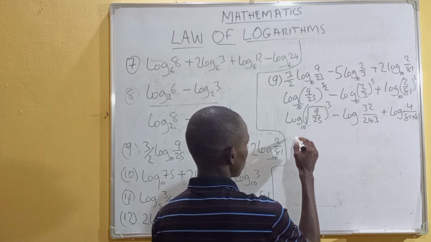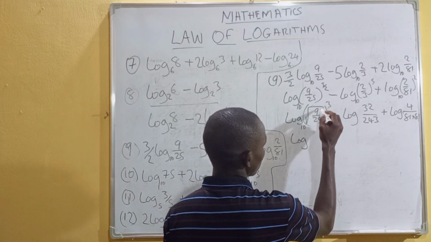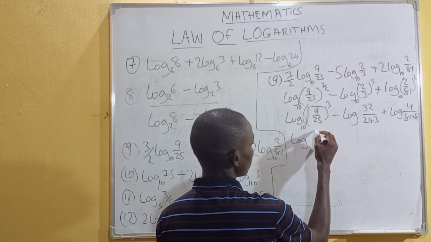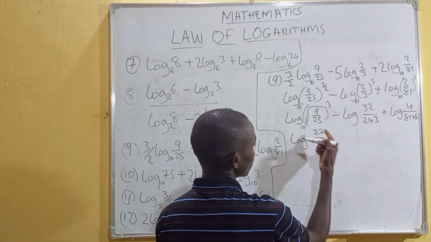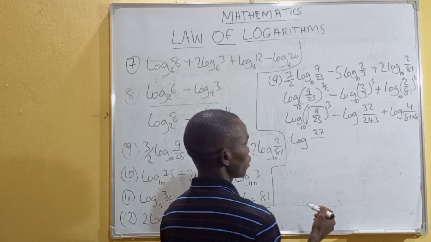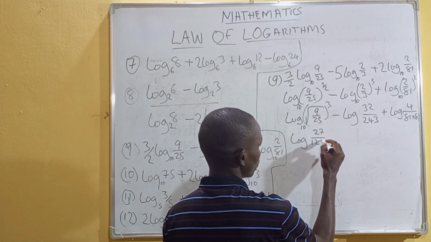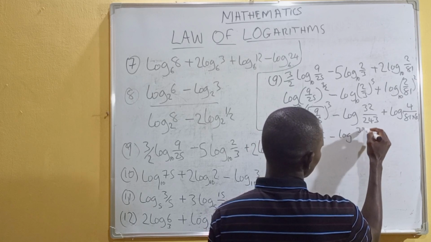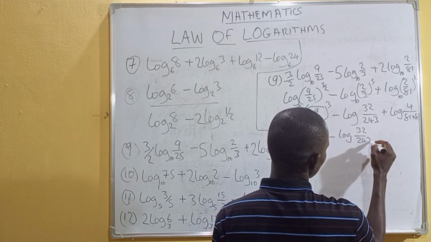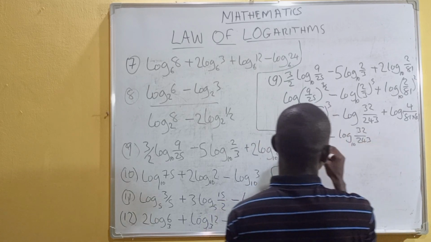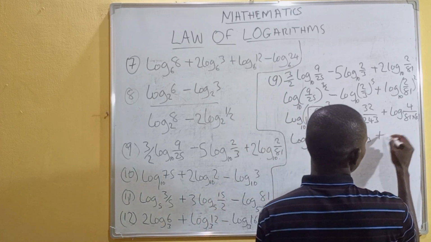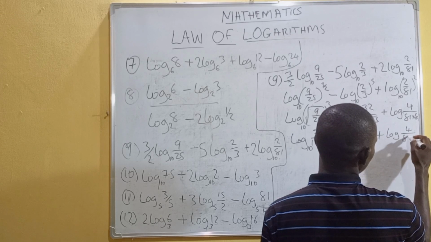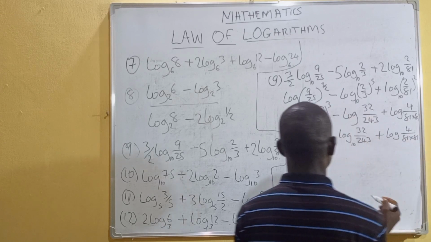So now we have log square root of 9 raised to power 3 will now be 27 over square root of 25, 5 raised to power 3 will now be 125 minus log 32 over 243 of base 10 plus log 4 over 81 times 81.